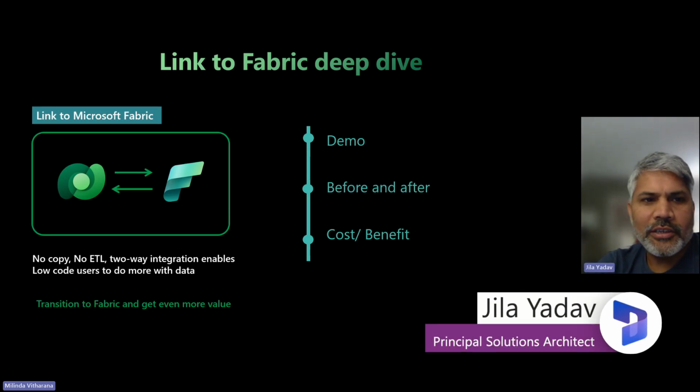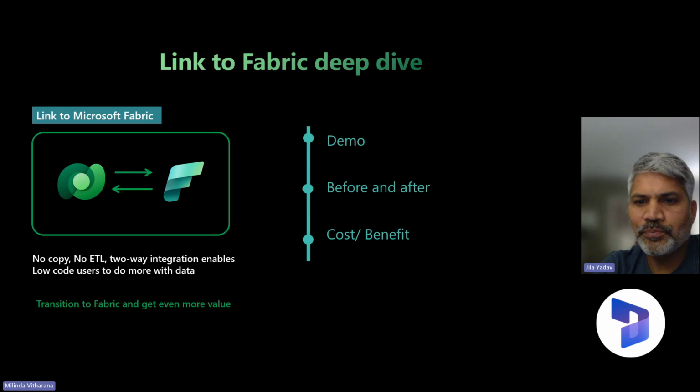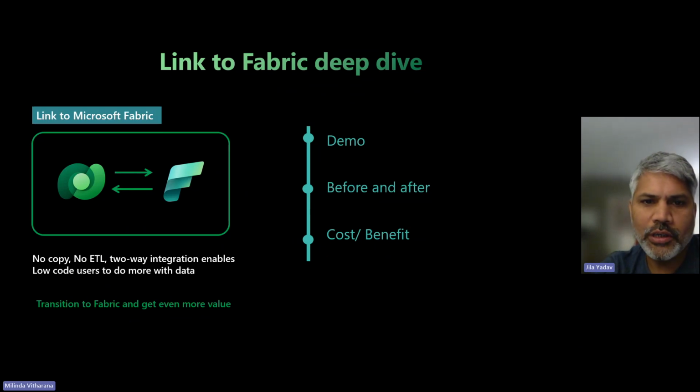All right. Thanks, Milinda. My name is JJ, or Jila Yadav. So we'll go through some of the demo experience of the Fabric Link, how easy it is to enable Fabric Link with the Dataverse, and that includes the data from Dynamics applications, all Dynamics applications, be it customer engagement applications or finance and operations.